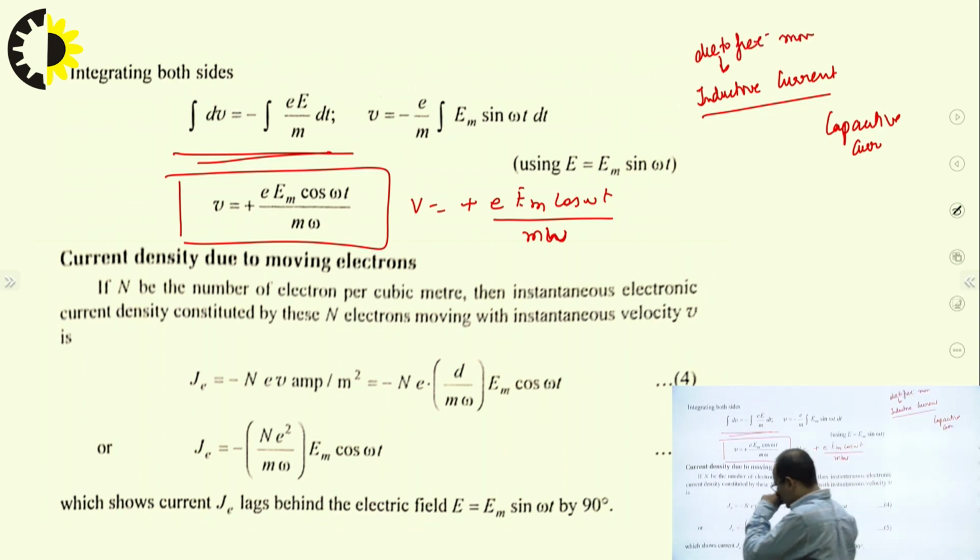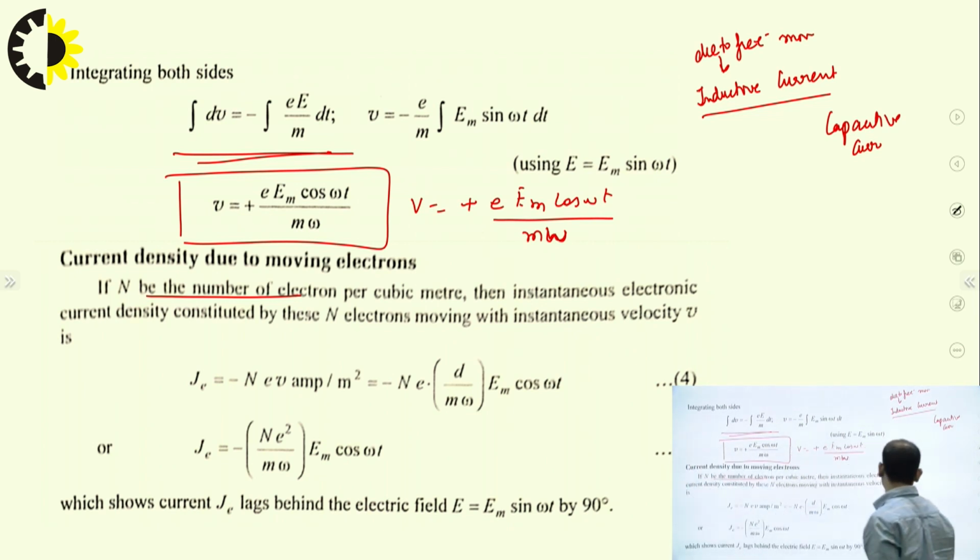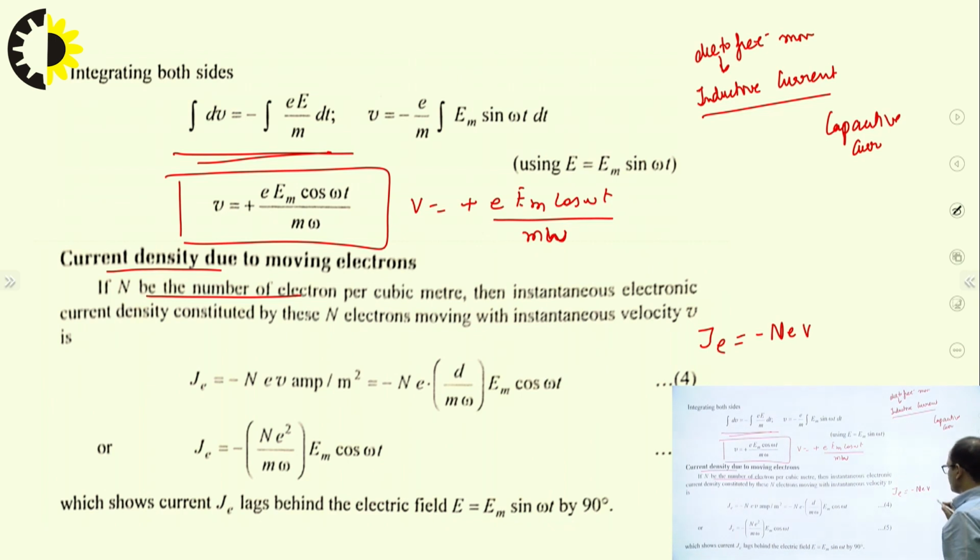As we know, let n be the number of electrons, so Je, the current density due to the moving electrons, that is the inductive current, is equal to minus of n into e into v ampere per meter square.